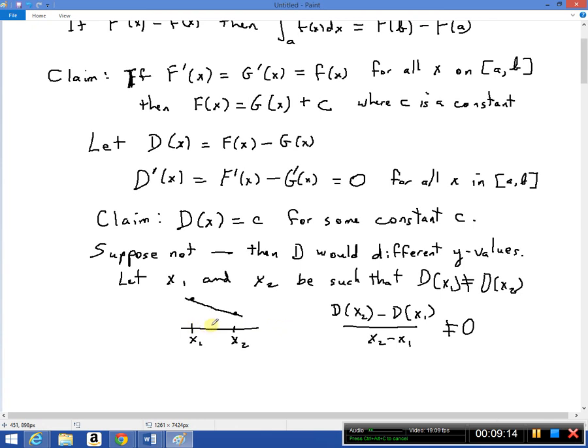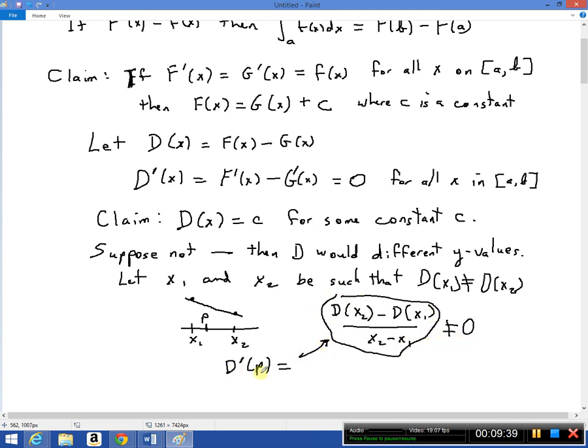So somewhere between x1 and x2, there's this value where the derivative at this value, let's call this point P, all right? Somewhere, the derivative at point P has to be this average rate of change, which is not 0.